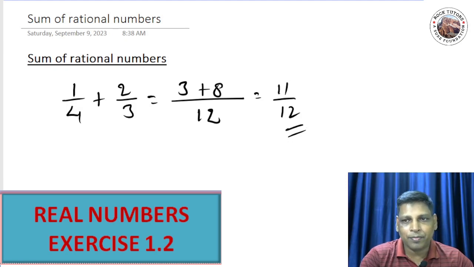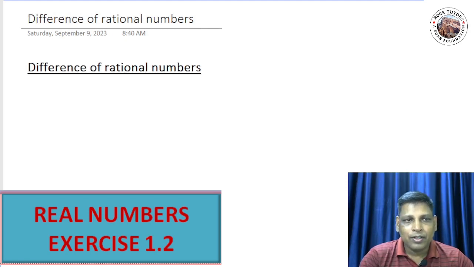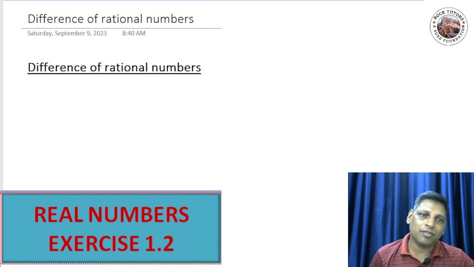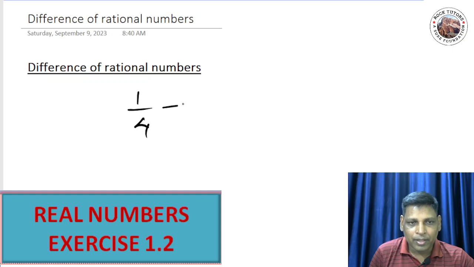One more property. Difference of rational numbers. What happens when we subtract rational numbers? I am taking one example: 1 by 4 minus 2 by 5.